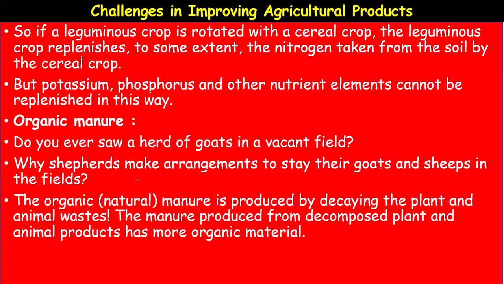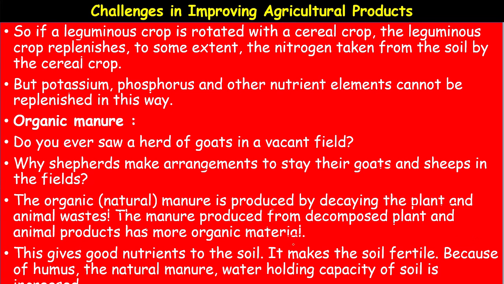Because the excretory material of these animals, their feces, contains more nitrogen. Organic natural manure is produced by decaying plant and animal wastes. The manure produced from decomposed plant and animal products has more organic material.